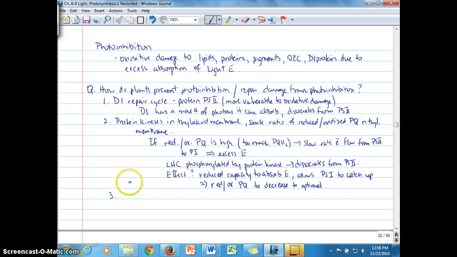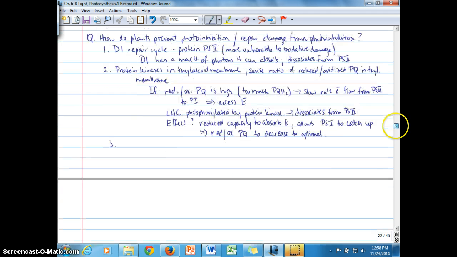Another mechanism or process in place to prevent photoinhibition is the presence of beta-carotene. Beta-carotene is a pigment molecule in the light harvesting complex. It's an accessory pigment. It can absorb light energy and pass it on through radiationless transfer to the photosystem reaction center of chlorophyll molecules.